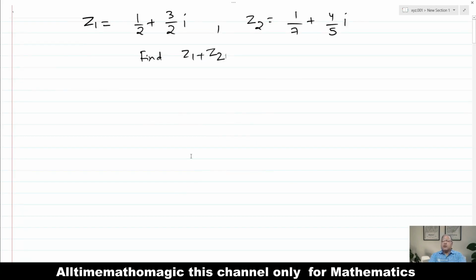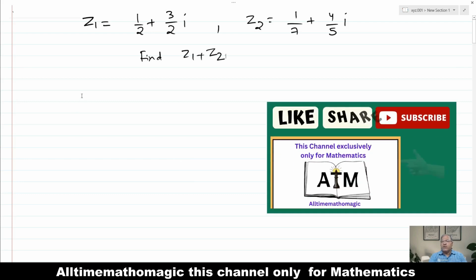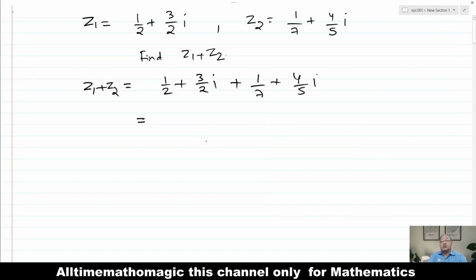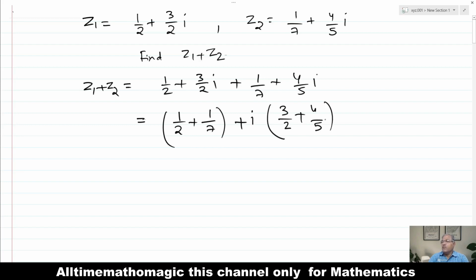Next example, if Z1 equals 1 by 2 plus 3 by 2i and Z2 equals 1 upon 7 plus 4 upon 5i, find Z1 plus Z2. Here the solution remains the same, that is addition of all real parts and all imaginary parts. First we bring all the real parts together, that is 1 by 2 plus 1 by 7, then i common, then 3 by 2 plus 4 by 5.